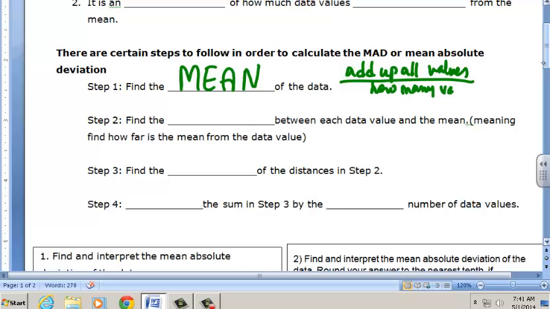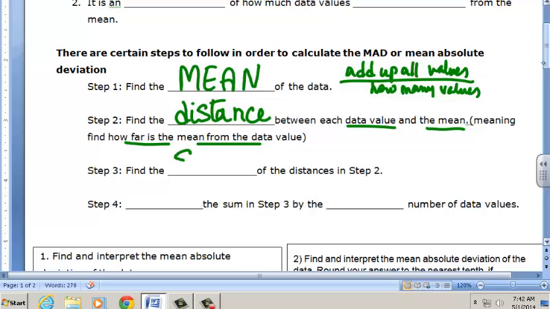Then the second step is to find the distance, not difference, distance between each data value and the mean. That means how far the mean is from the data value. We'll look at it in a minute. The third step is to find the sum of the distances.